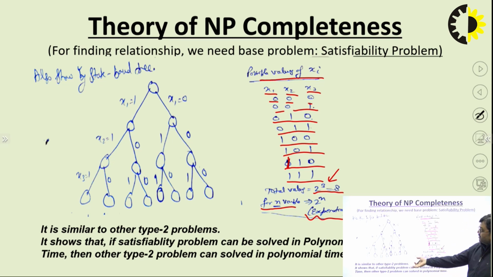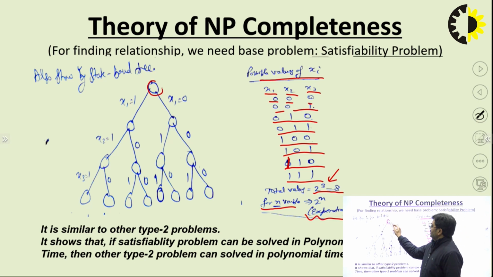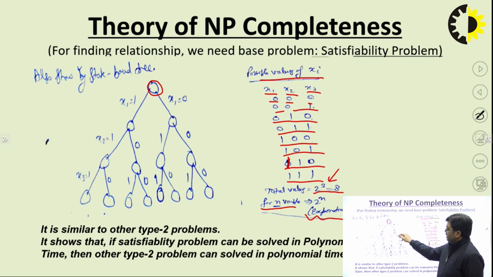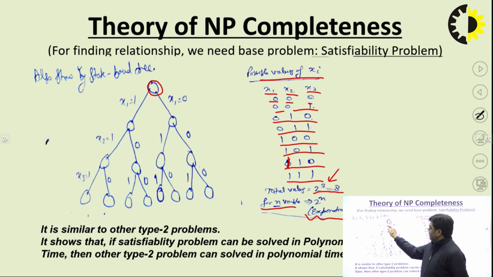We can show a state space tree for the satisfiability problem also. Here is the initial step. For that we have only two options. For x1 we have two options, x1 can be 1 or 0. If we have taken x1 as 1, after that we have the option for x2, either 1 or 0. If we have taken x1 as 0, then we have the option for x2, either 1 or 0.